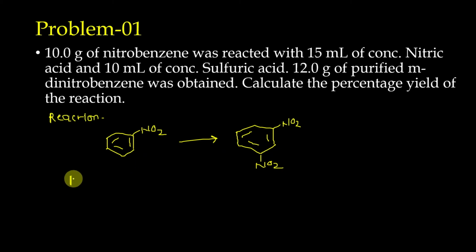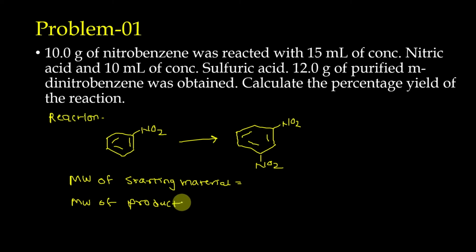First write down the molecular weight of the starting material and the molecular weight of the product. The molecular weight of nitrobenzene is 123. The molecular weight of metadinitrobenzene is 168.